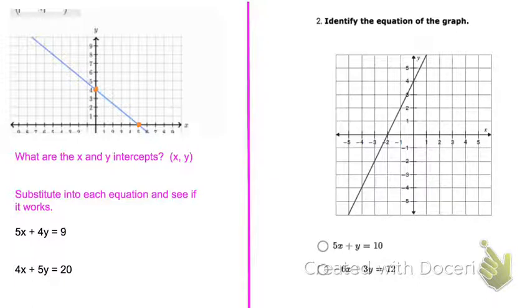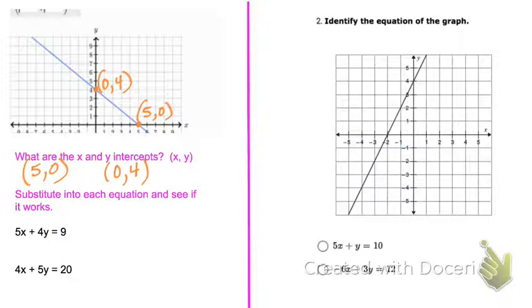The x-intercept here is over 5, up 0, so it has a 0, and that makes it easier. The y-intercept is over 0, up 4. Again, there's a 0 there, which makes it easy to substitute in.